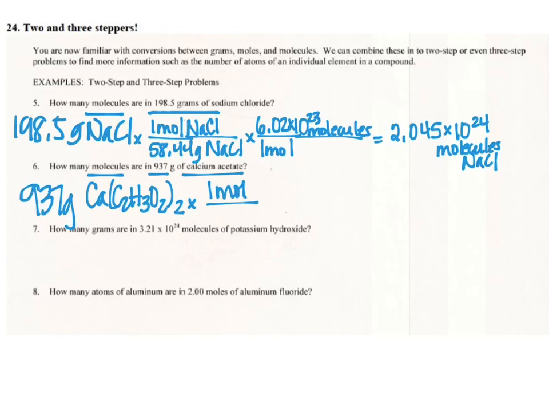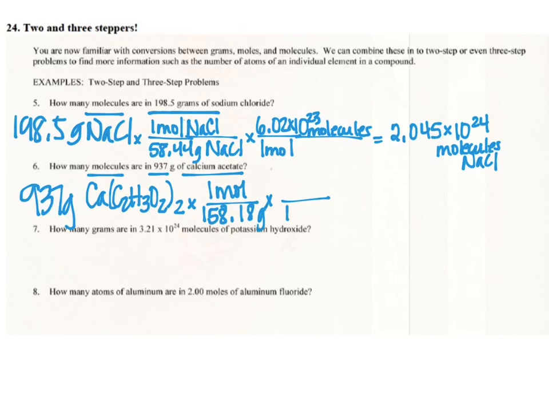I have 158.17. Did y'all get that? Or somewhere close to that? I was using a different periodic table. You said 158 point what? 1.8. I had 1.7, so yeah. So we'll go with 1.8 grams.